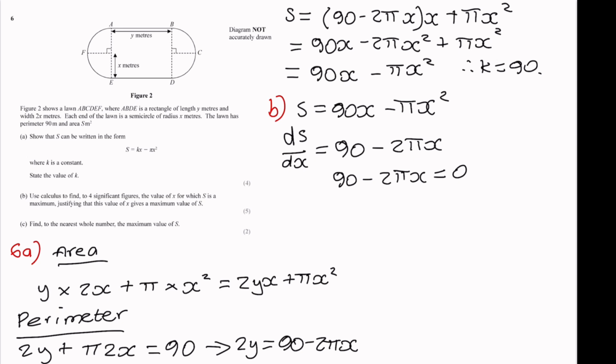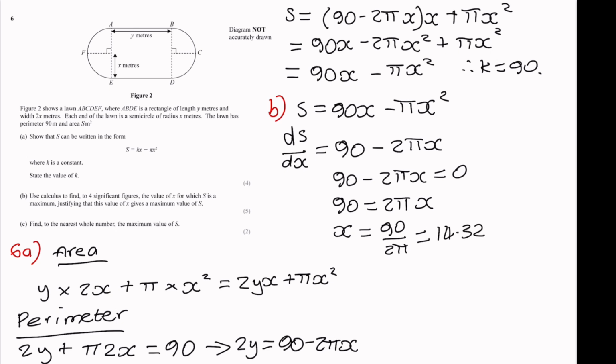So rearrange this. 90 is equal to 2 pi x, so therefore x is equal to 90 over 2 pi, which gives us a value to 4 significant figures of 14.32.